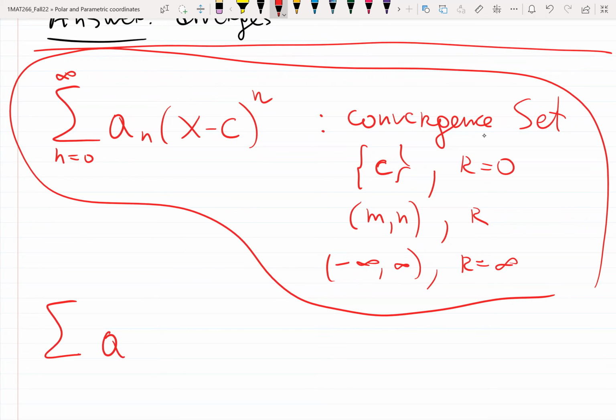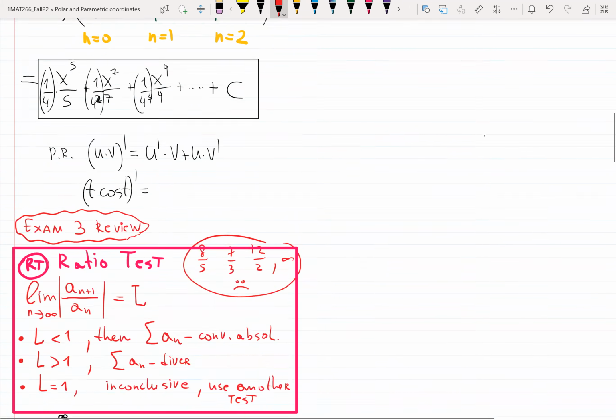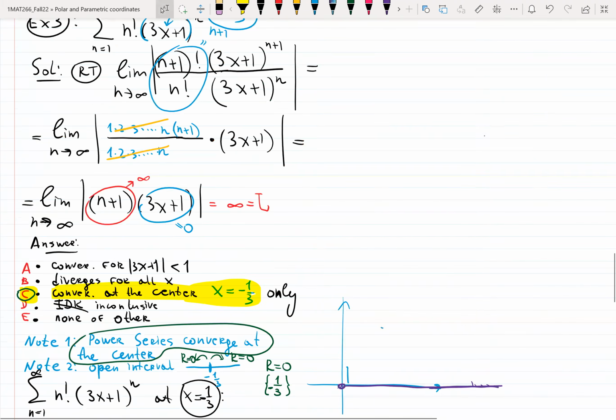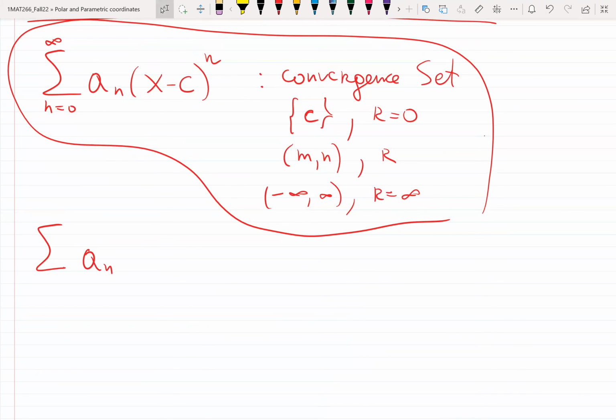But if there is no x involved, then there's no choice. If this sum is just a_n c^n, whatever, n goes from 0 to infinity, then you just use the ratio test to find out.